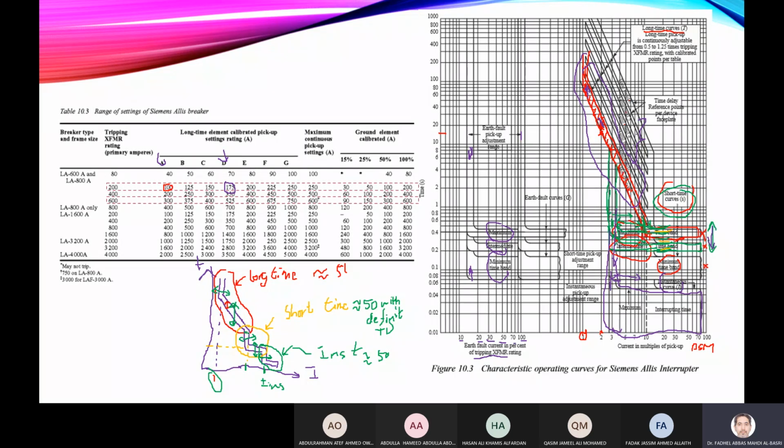I have to choose this point on the curve, which is higher than the starting current time, which is 1 second, and below the 5.5 seconds.